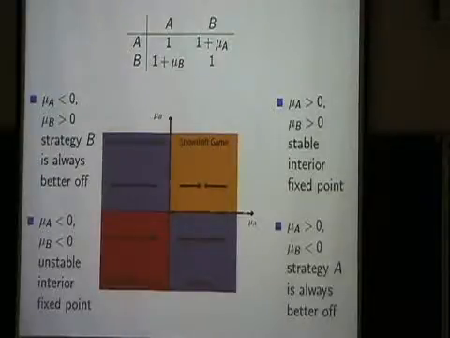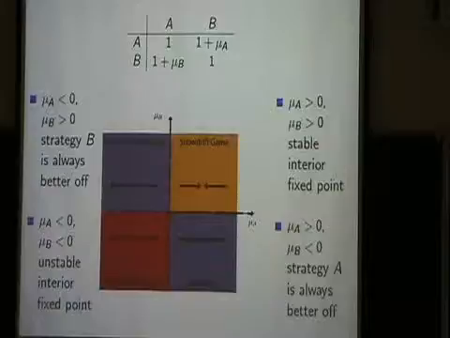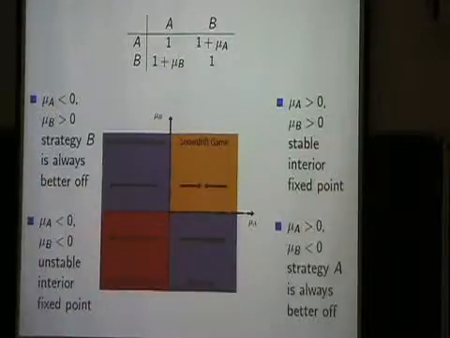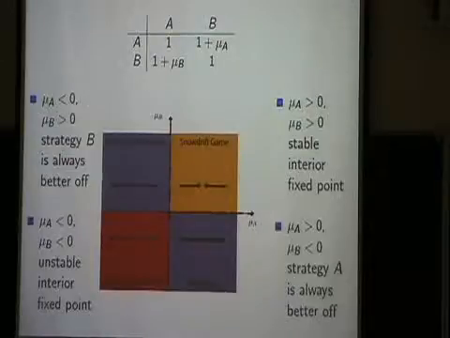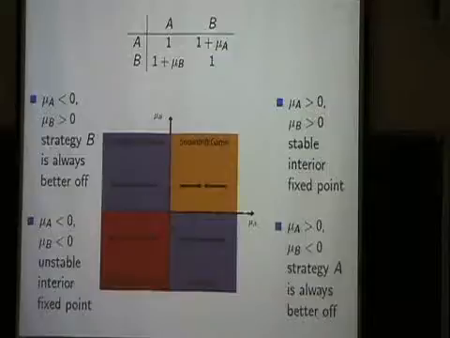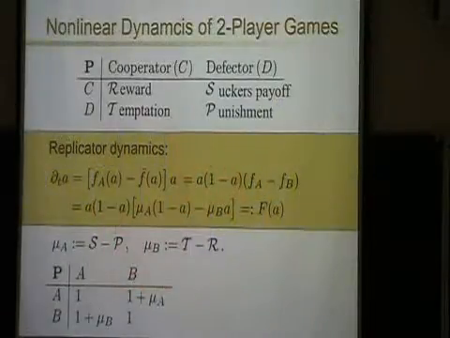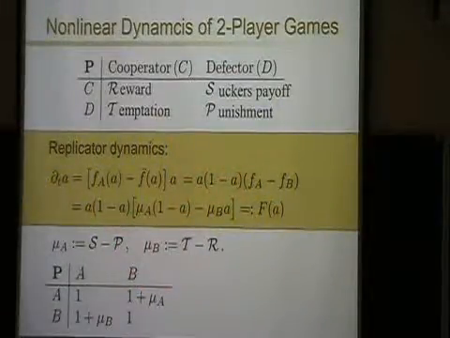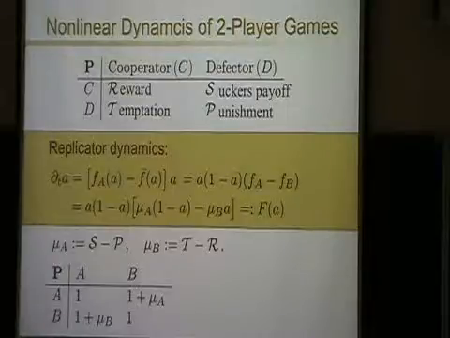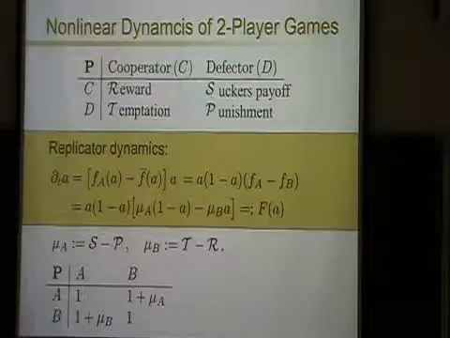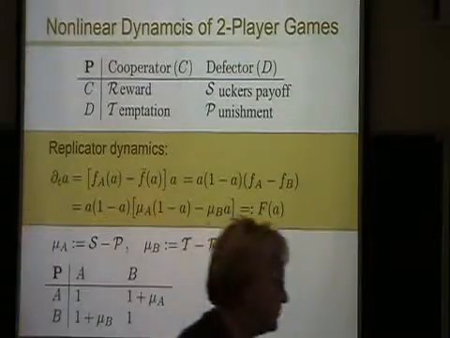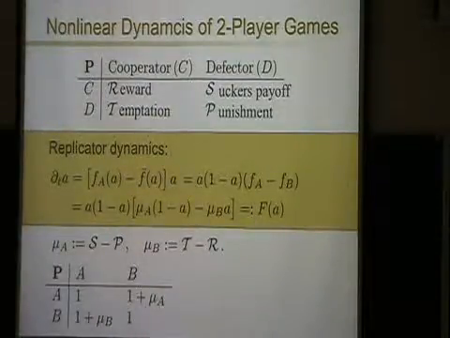Now that structure goes on with other signs of that particular entry of the payoff matrix, but the important thing is that these signs here translate into a very simple structure of nonlinear dynamics. So let's go back to the equation here. What we have there is really a general equation for nonlinear dynamics in one dimension.